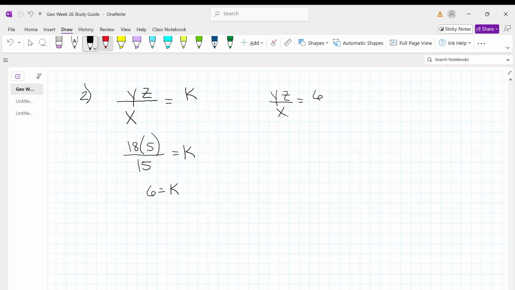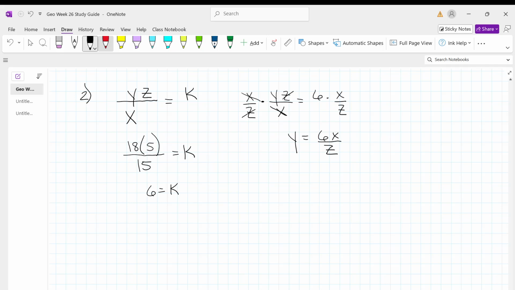Well, we're going to get the Y by itself, so we're going to multiply both sides by the reciprocal of this Z over X, which is X over Z. So on this left-hand side, these two X's cancel each other out, and so do these two Z's. So we're left with just the Y. So Y is equal to 6X over Z. There's your function. That's the equation that models the relationship.